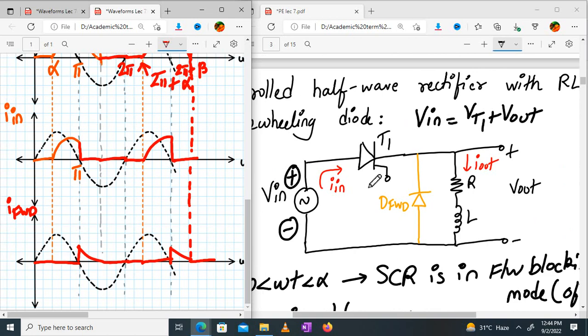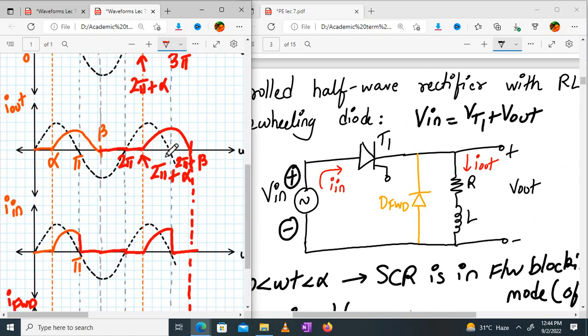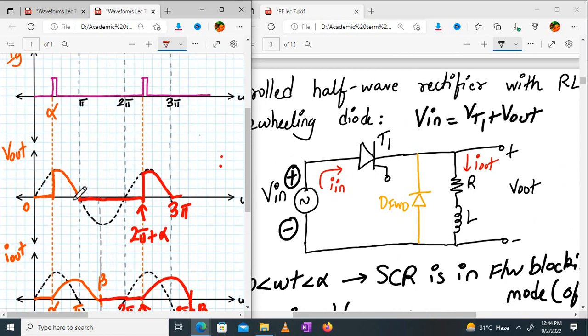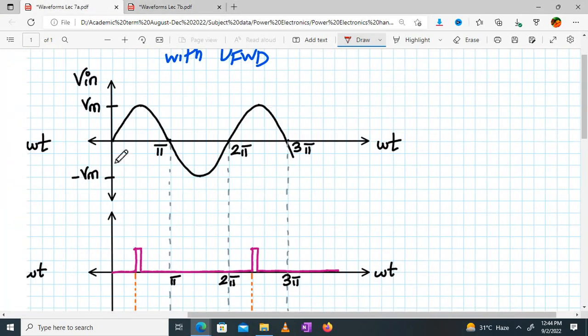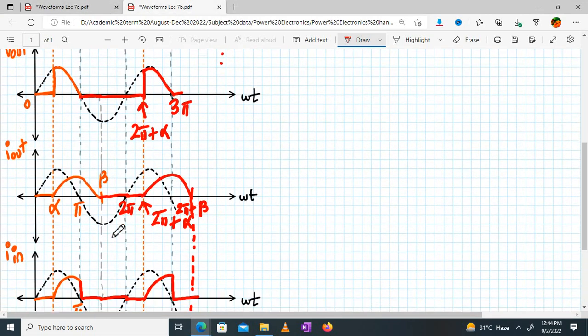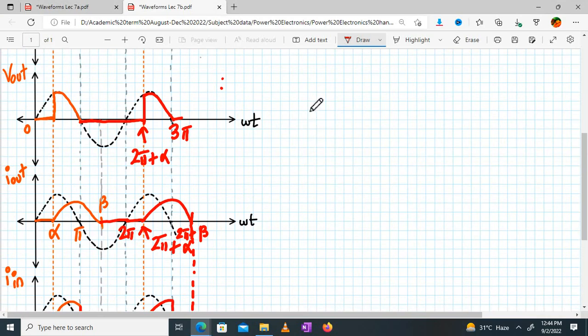So what is the freewheeling diode doing? Remember, we have drawn the waveforms over here. In case of a half wave rectifier without a freewheeling diode, how was the waveform looking? The waveform was like this, right? It was going negative. So this negative part is not allowed over here.